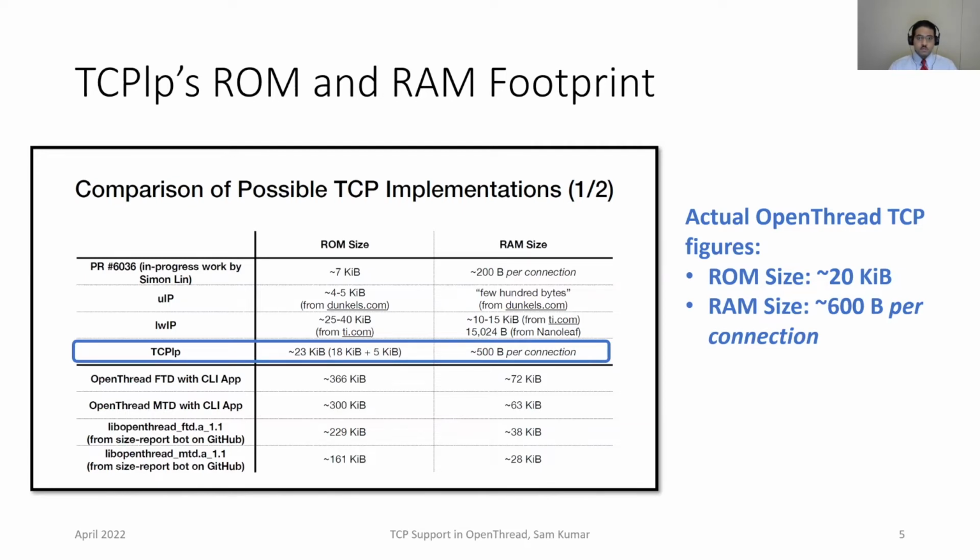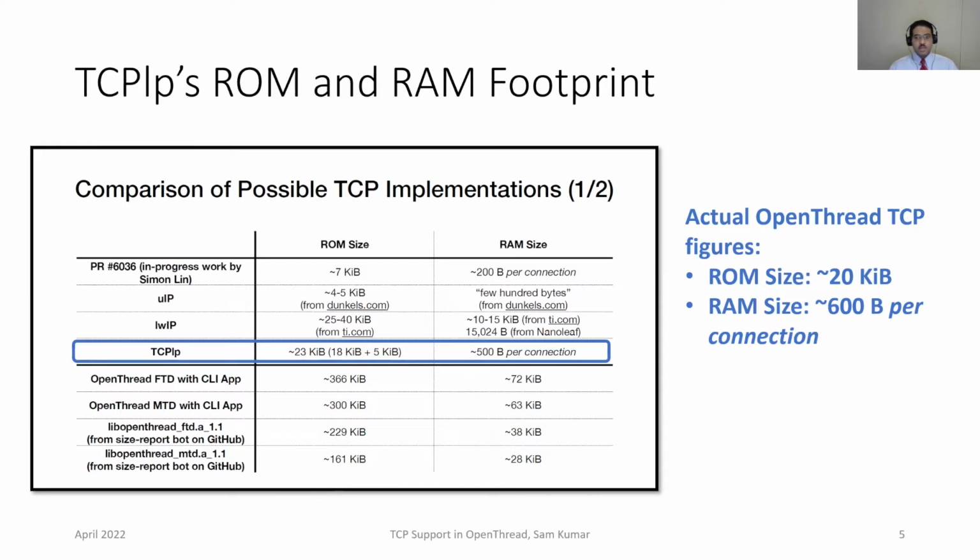And for RAM size, if you look at the connection state for the TCP protocol, for each connection you have open, it's 600 bytes of memory. Now, both of these numbers are actually pretty good, in my opinion. The 20 kilobytes, if you compare that to, for example, these sizes down here, which are the sizes of an application that uses OpenThread or just the core OpenThread libraries, it's about a 10% overhead.